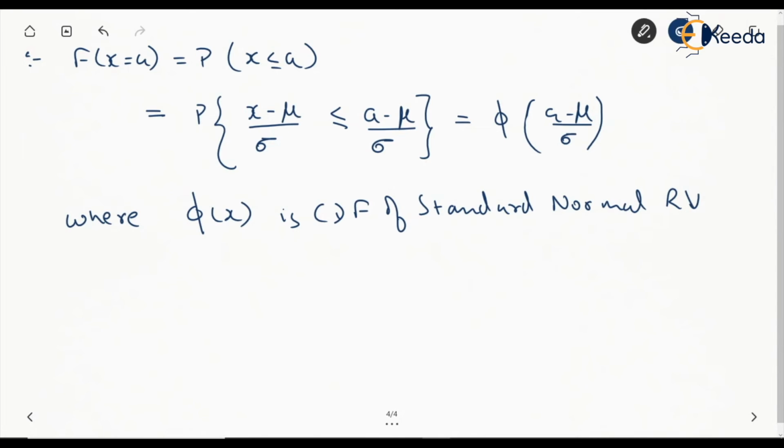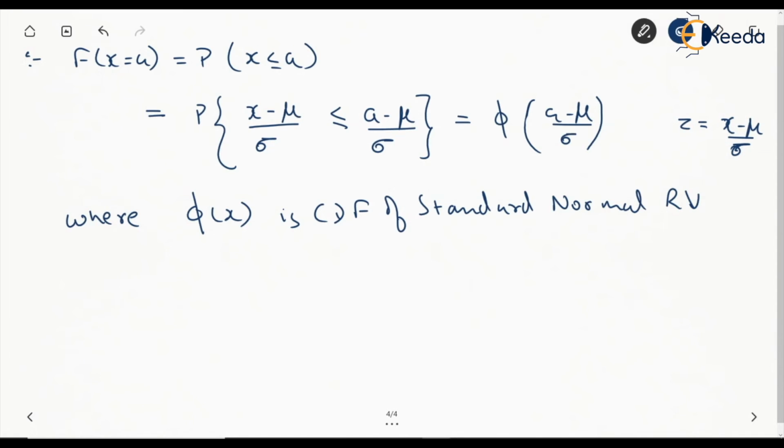Standard normal random variable means the mean is 0 and the variance is 1, right? Like we know this z equal to x minus mu by sigma is the standard normal variable. So instead of x, we are switching it to x minus mu by sigma.